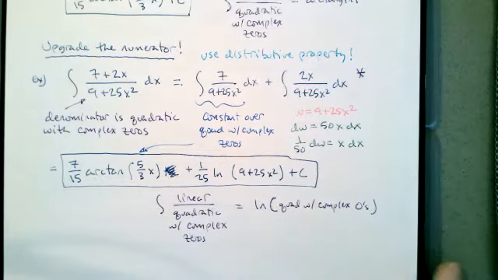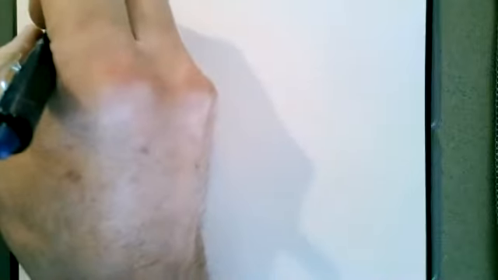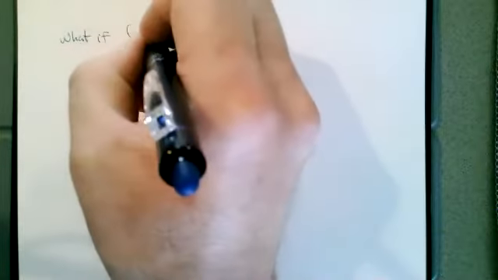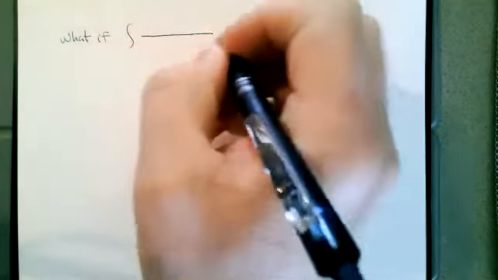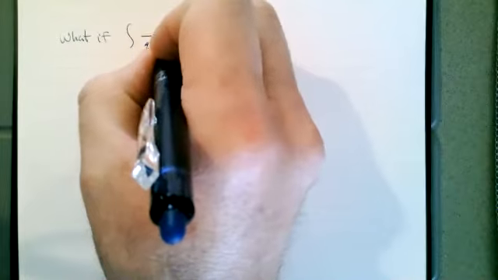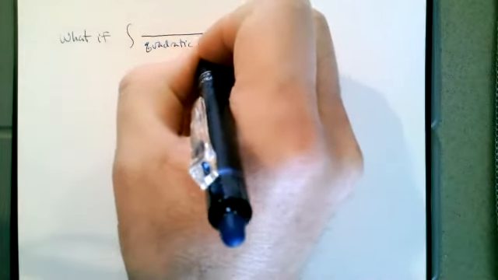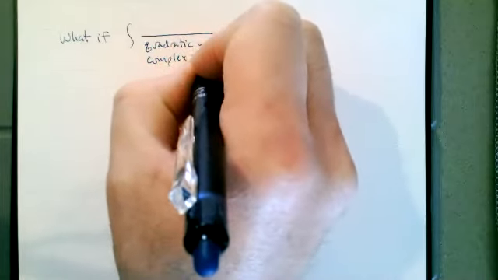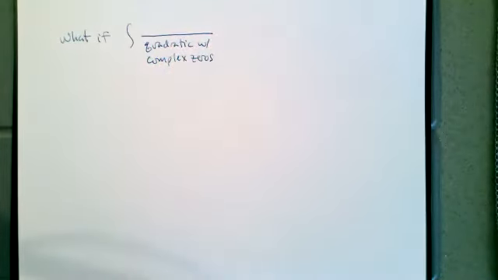So here's the next step. What if it's degree higher than 2? So the denominator is still quadratic with complex zeros, and the numerator is a polynomial of degree 2 or greater.